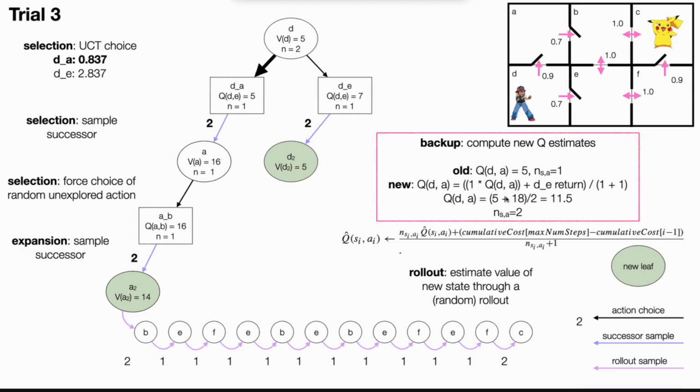So we've got 5 plus 18, divided by 2. That gives us a new value of 11.5. We update that Q value. We update N. And then we can update the value of D to 7 because now the best action is E.